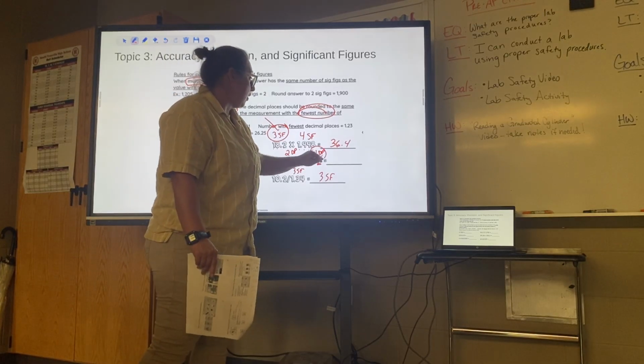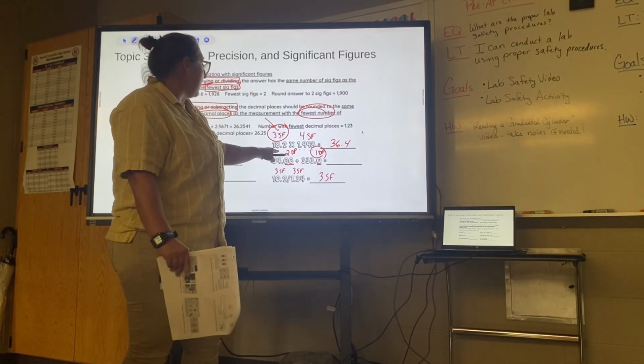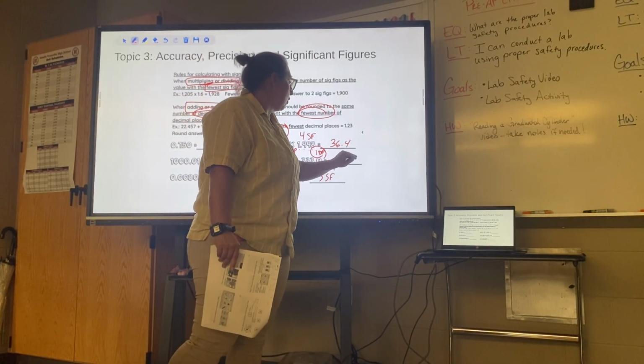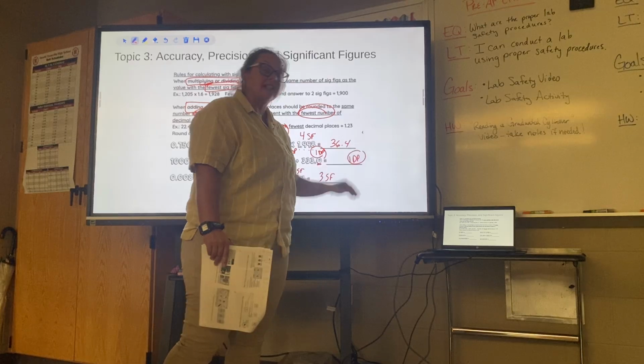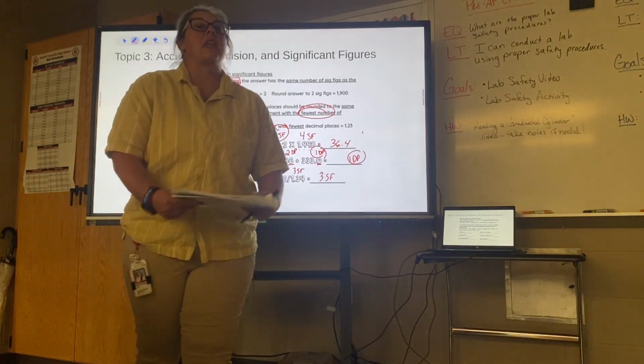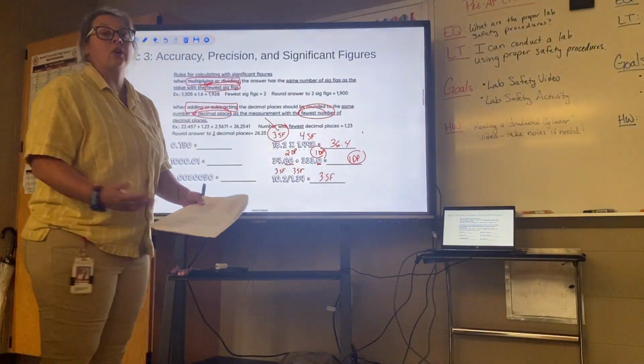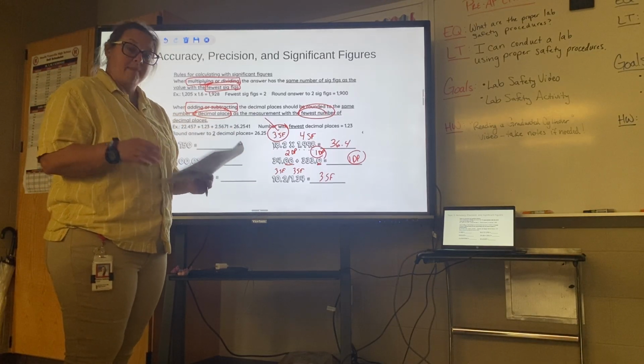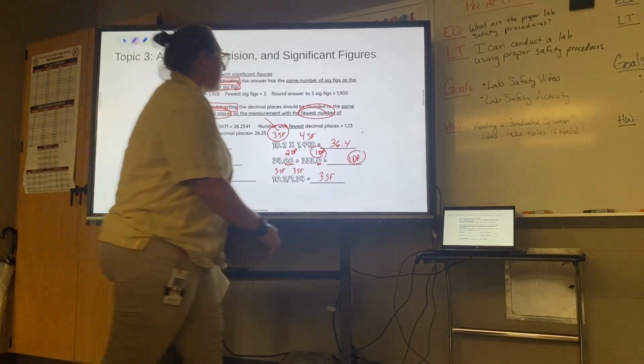That is 1 decimal place. So when I do my math here, my answer is going to have 1 decimal place only. So that is the rule if we're adding or even subtracting numbers. Hopefully that makes a little sense to you guys.